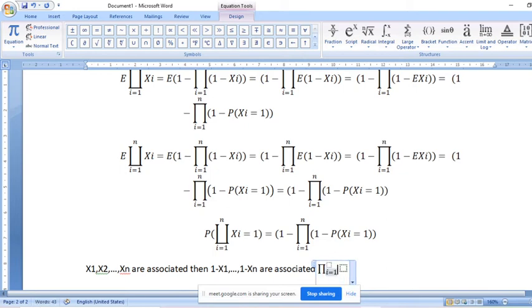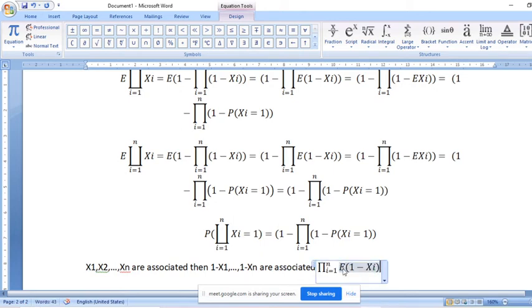Product i equal to 1 to n of expectation of 1 minus xi.